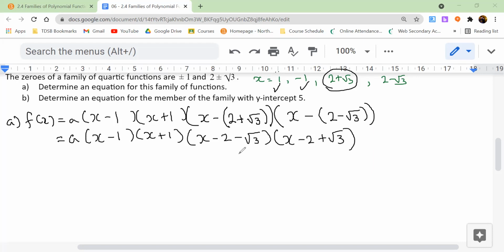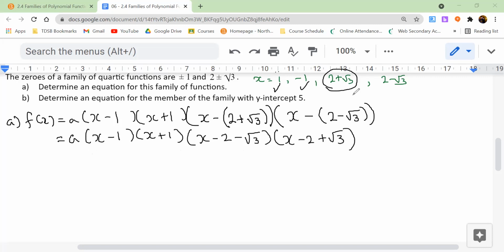Let's see. When it was like 2x plus 3, what is it? X minus 2 minus root 3.